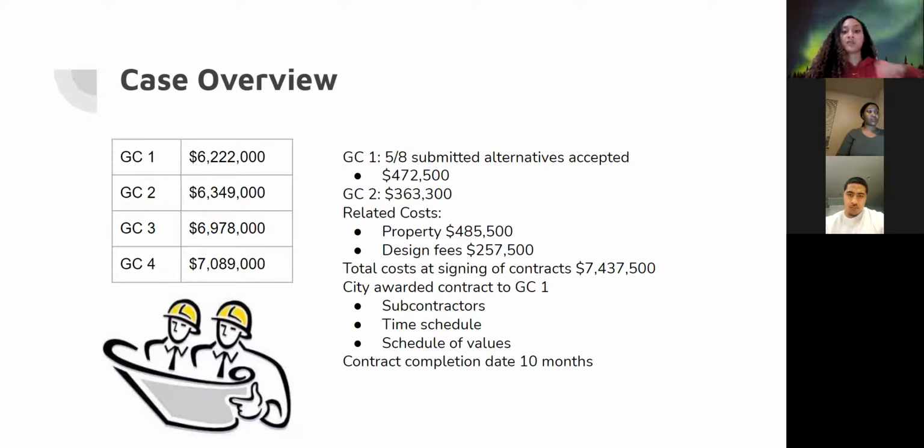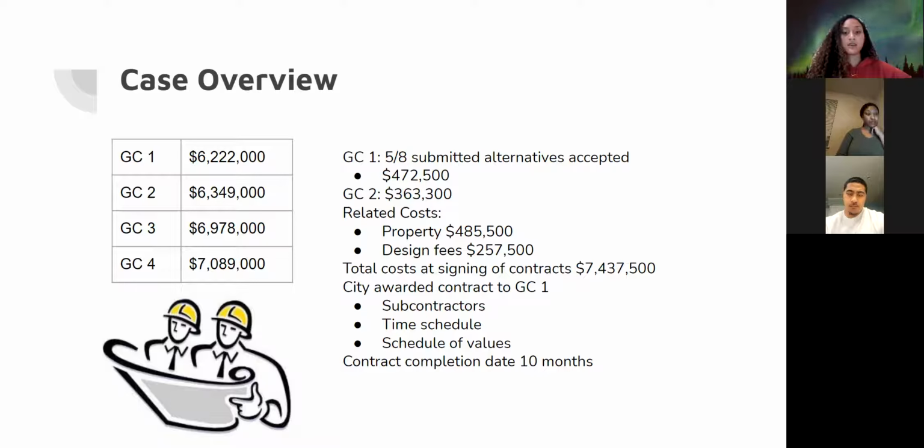Related costs in the project were the property and the design fees. The total cost at signing of the contracts was $7,437,500, and the city awarded the contract to general contractor 1.